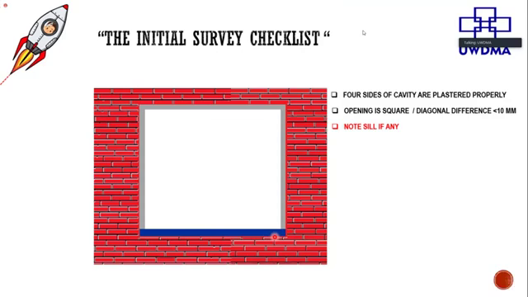And if the client says no, the windows will come late, then take the exact size of the marble which is going to come above your window level, and subtract that from the height of the window. But on that also, please take written confirmation from the client or the site supervisor that he is giving this measurement to be subtracted from the original cavity size, and that you are making the windows according to that.